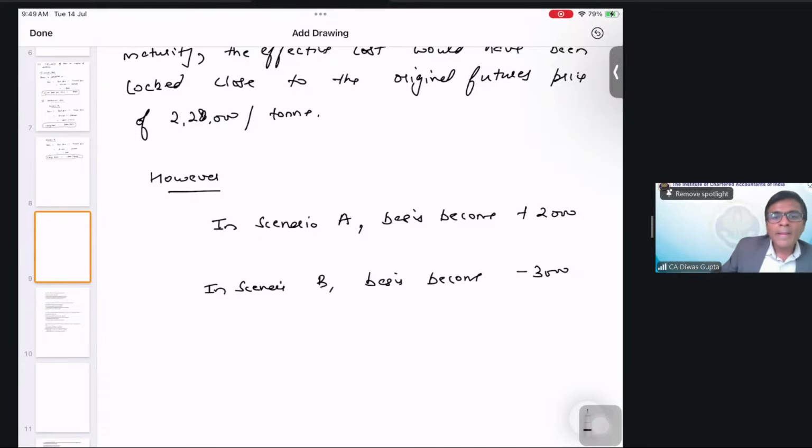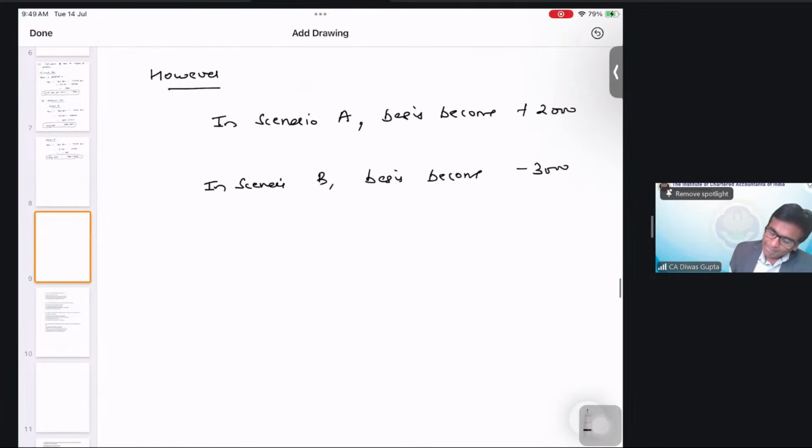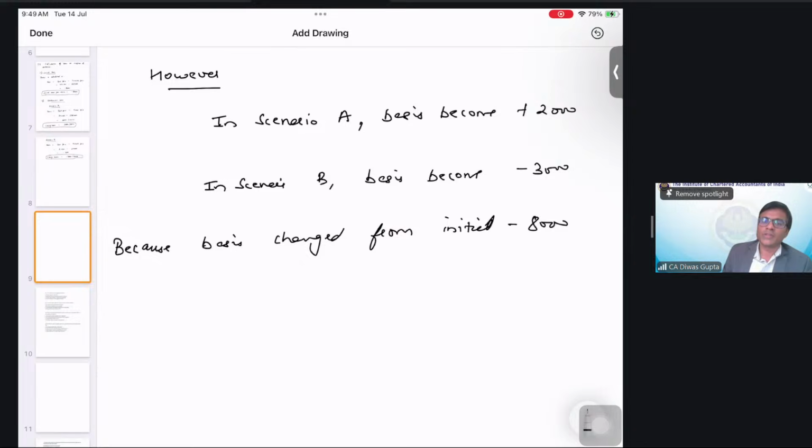It actually became 2,25,000. Now because basis changed from the initial minus 8,000, the hedge was not perfect. So this difference is called the basis risk.